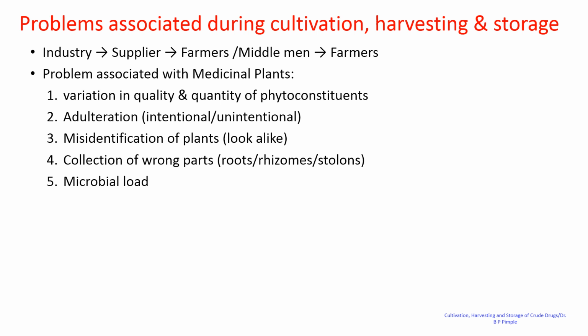Then about microbial load. During collection, there are chances that the part or the plant itself has attracted fungus, or can be loaded with fungus or other microbial spores. These fungal spores during transportation or storage can spread the disease or fungal infection throughout the produce.